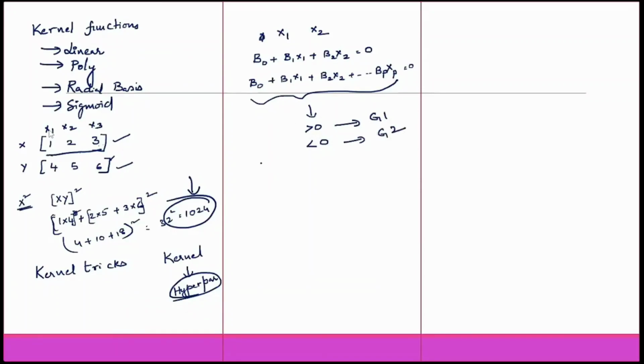Basically, if I want to talk about the mathematics here, I still want to maximize the margin between the two support vectors, where I want to look at the overall weightage of all my coefficients, beta naught, beta 1.